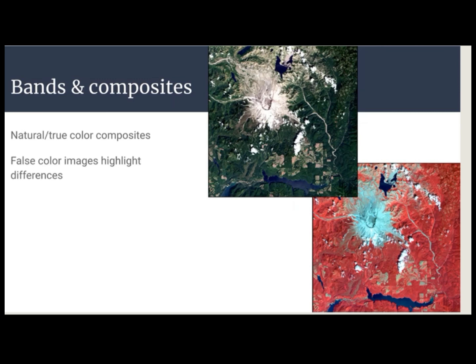And in Landsat 7, the composite would be a 4-3-2. So band 4 in the red slot, band 3 in the green slot, and band 2 in the blue slot. If you combine bands in different ways, you can draw out subtle differences between phenomena that look pretty close when looking at a Landsat image in real life.